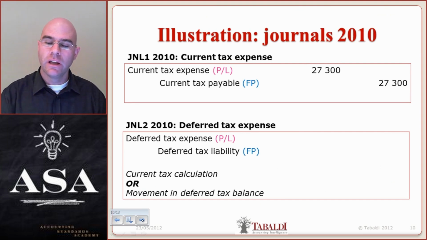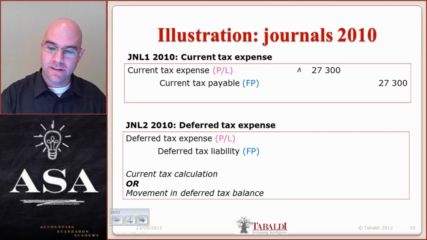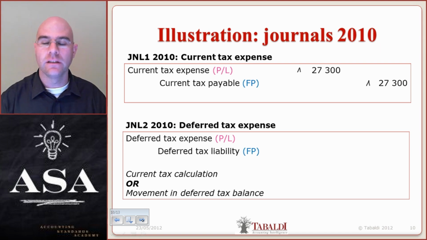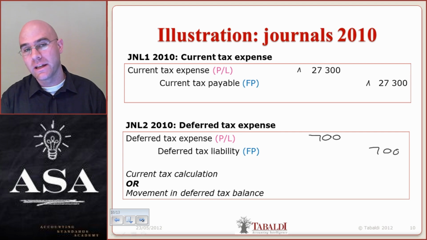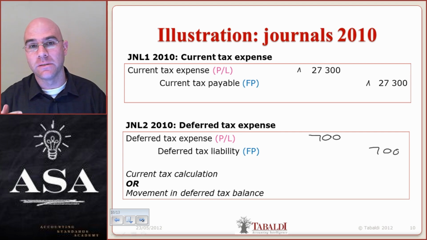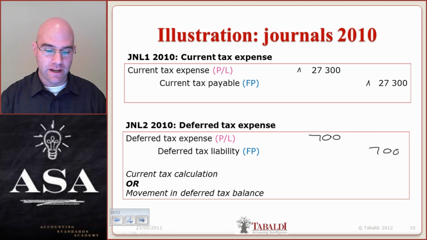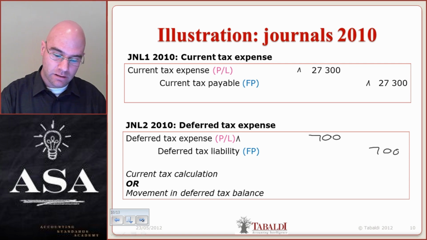Moving on from the calculations now. We've done these journals. The first year, I've raised the current tax expense of 27,300 and a current tax liability of 27,300. The deferred tax expense side, I've just shown you that journal, year 2010, we increased the expense by 700 and created a liability through a liability movement of 700. Debit the expense, credit the liability.